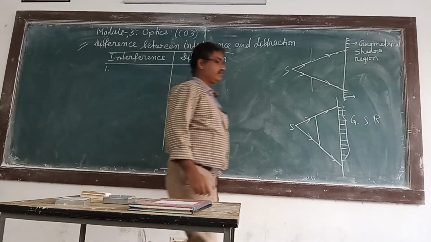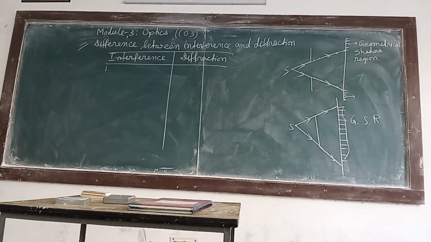Number 1. In interference, the superposition of light waves is due to two separate wave fronts originating from two coherent sources.